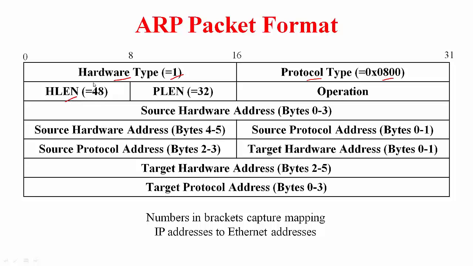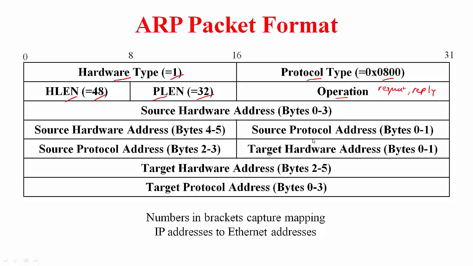Following this is the hardware length field, specifying the length of the MAC address. In this case it is 48 bits, and it will also specify the length of the protocol address. In this case it is IP, thereby it is 32 bits. And following this is the operation, whether it is a request or a reply.